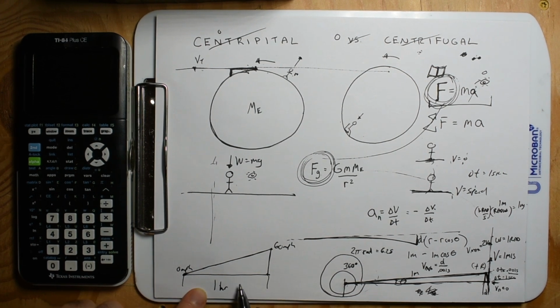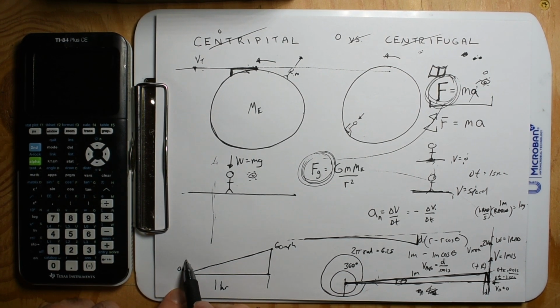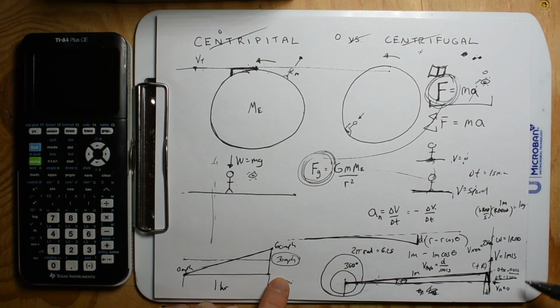Now the question is, how far did you go? Well, you have to figure out your average speed. You were 0 here, 60 max, and then you slowly increase. So your average speed is 30 miles per hour, and it's basically like traveling 30 miles per hour for that hour, so you went 30 miles. And so the same scenario here, just in reverse.